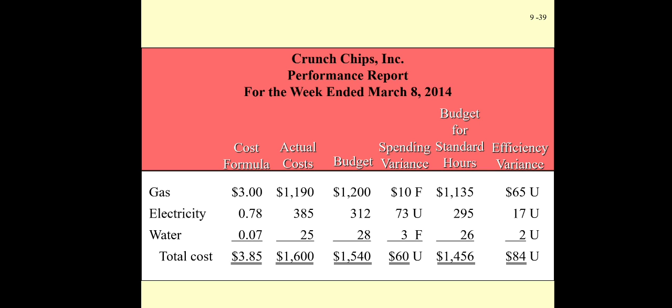The efficiency variances are calculated by comparing the budgeted data with the budget for standard hours. All of the efficiency variances are unfavorable, so the total is $84 unfavorable.